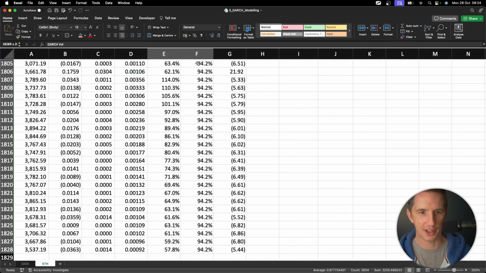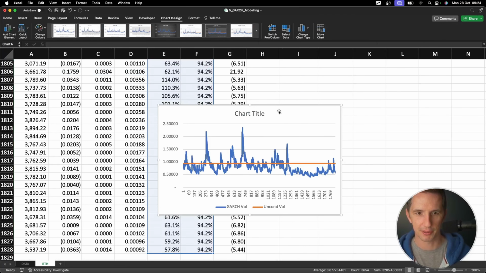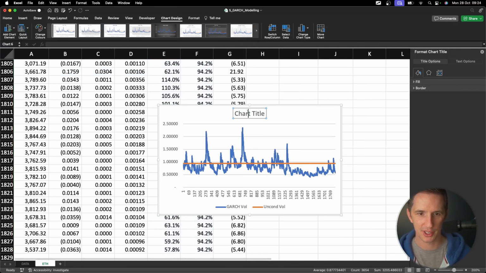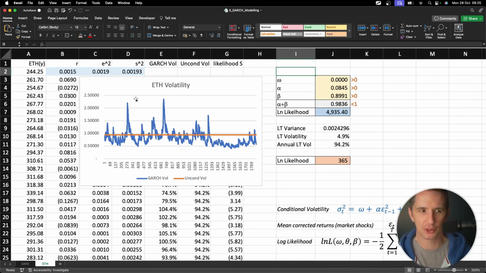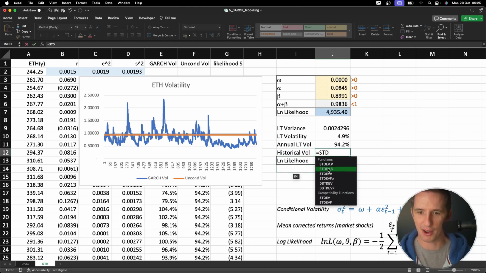So let's actually go and graph this. I'm going to create our line graph of these here. We'll call this Ethereum volatility. What is the actual standard deviation of our returns in volatility terms, so annualized volatility? Well, we can look at that as well. I'm going to call that our historical volatility, and that is going to be the entire data set, not just our annualized one.